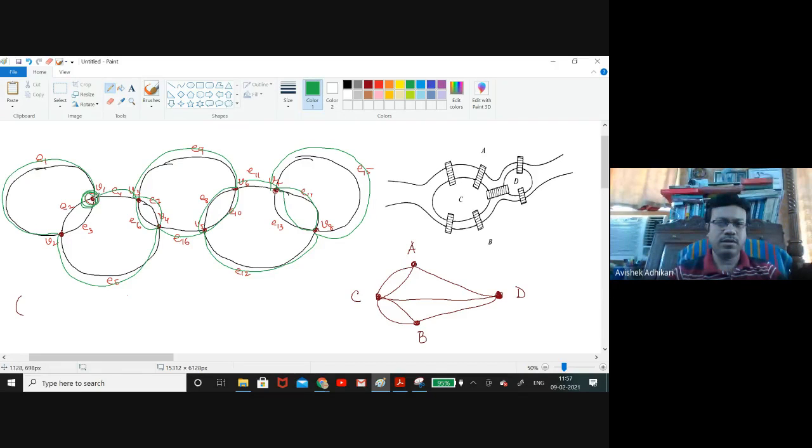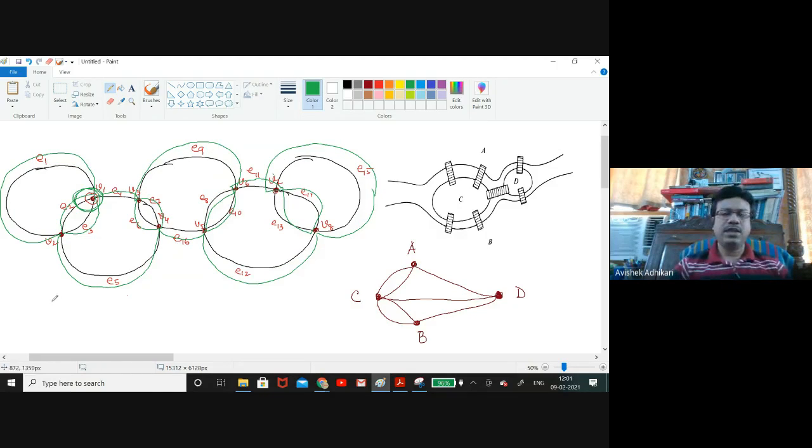Come here, come back here, and come back here. Can you see this? I guess now I have explored all the vertices and all the edges.